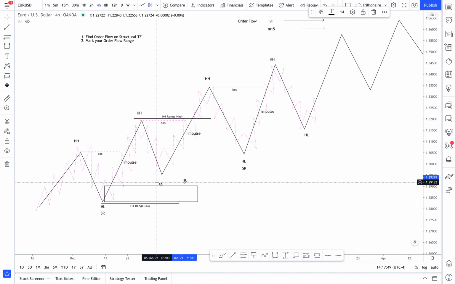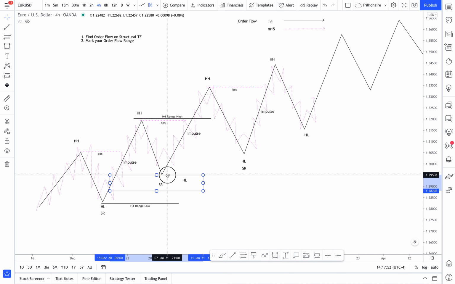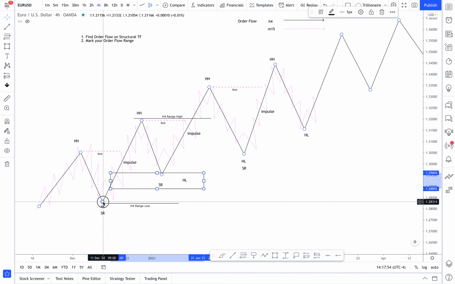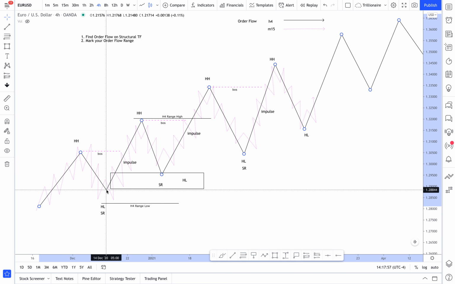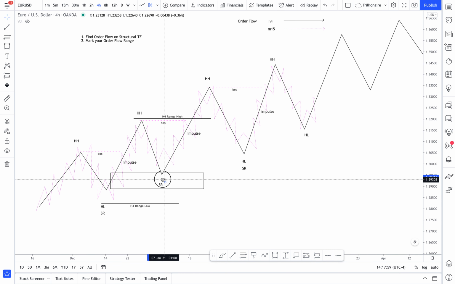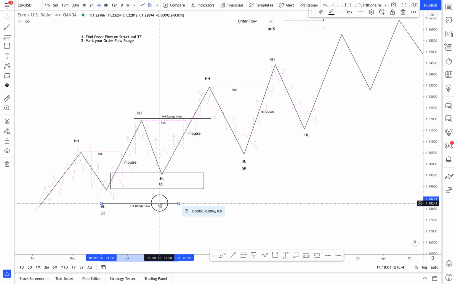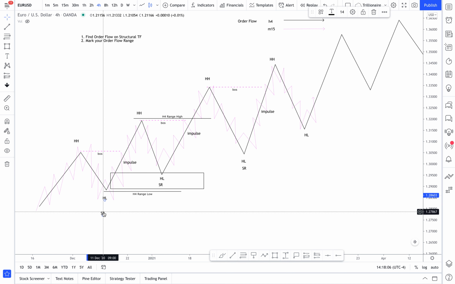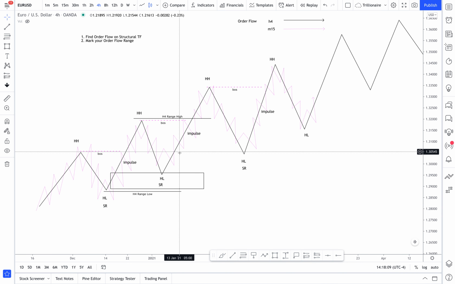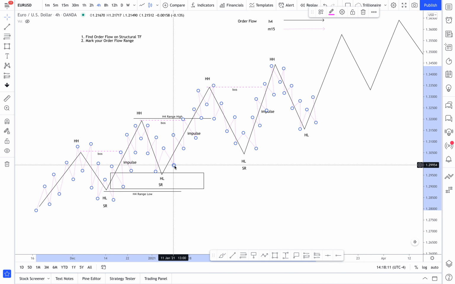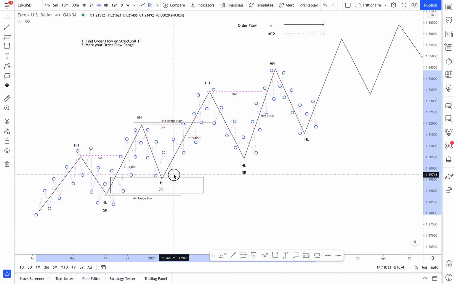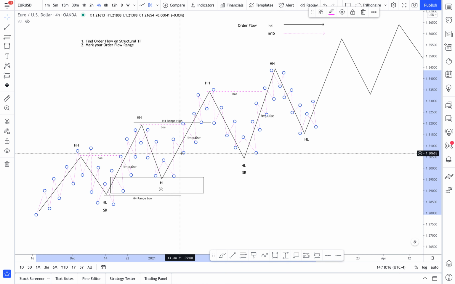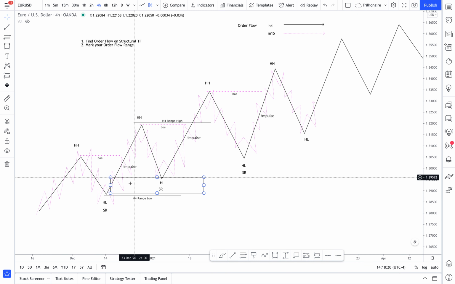Actually, for this example, let's say we were looking for an order block right here, just to make sure that this lines up so I can show you guys a valid example of how I do things. All right, so let's say we're looking for an order block trade right here.